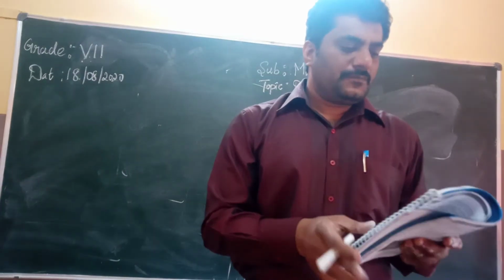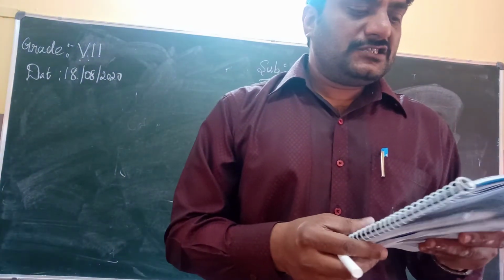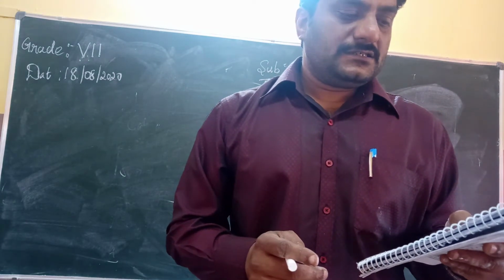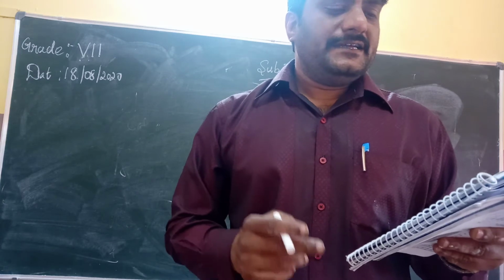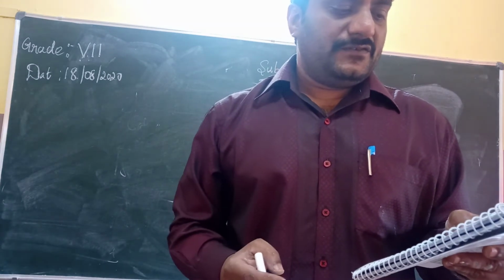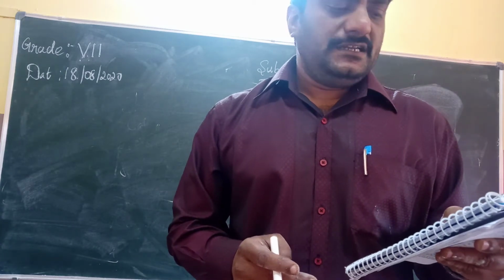Now the fourth problem tells that the performance, okay, now this is the fourth problem. The performance of a student in the first term and second term is given. Draw a double bar graph, choosing an appropriate scale, and answer the following.